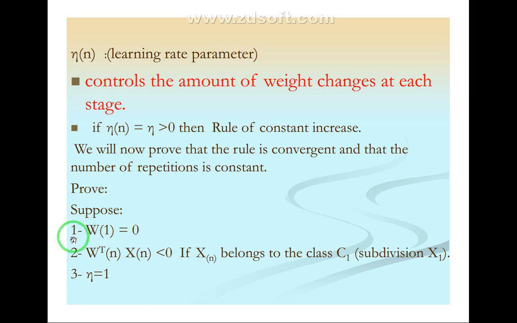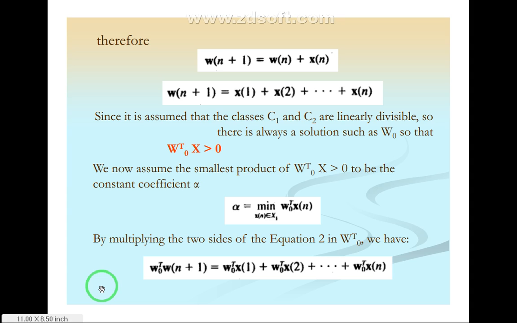Originally, we would set some weights to 0 and have this equation, and if xn belongs to class C1, subdivision x1, and let's say the learning rate is equal to 1. These are some summations. Therefore, finding Wn plus 1, which is Wn plus xn, Wn plus 1 equals x1 plus x2, x3, xn.